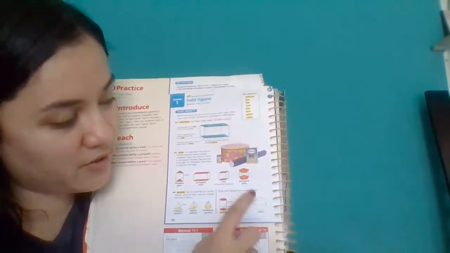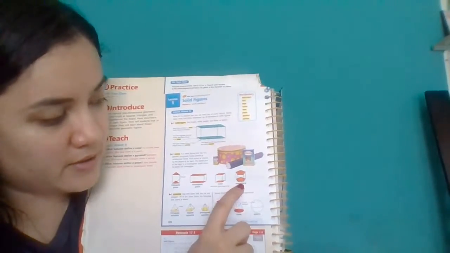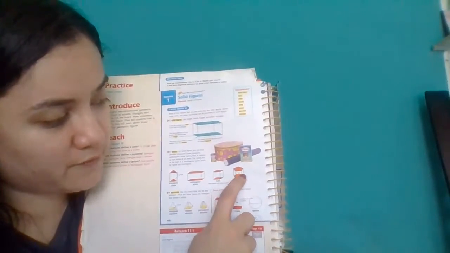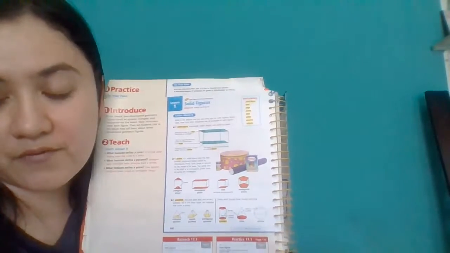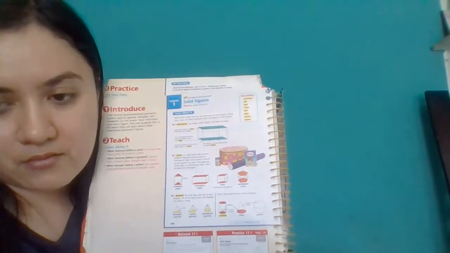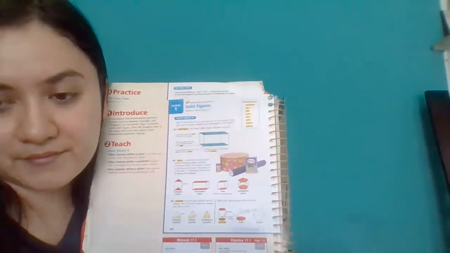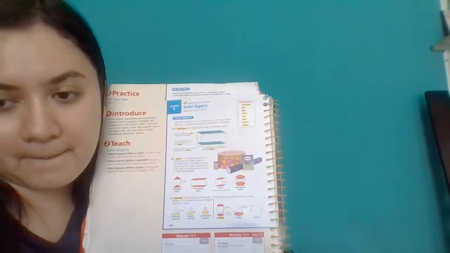No, Noreli, we are here in the pentagonal. It cannot be rectangular. It's 1, 2, 3, 4, 5. How can it be a rectangle if a rectangle has 4 sides? This is a pentagonal because it has 5. Got it? Tell me if you got it.